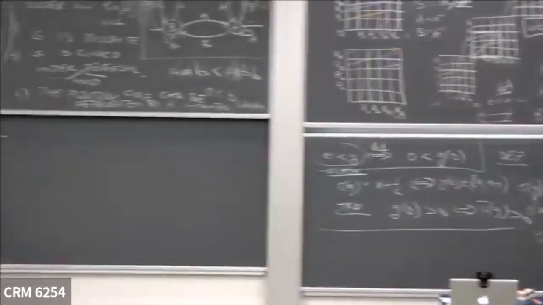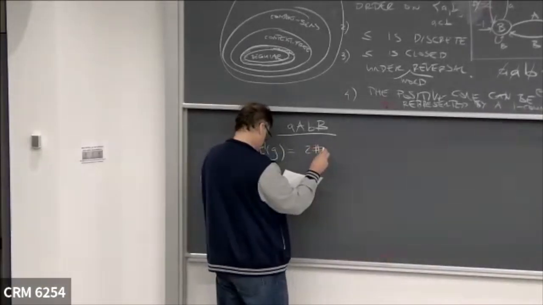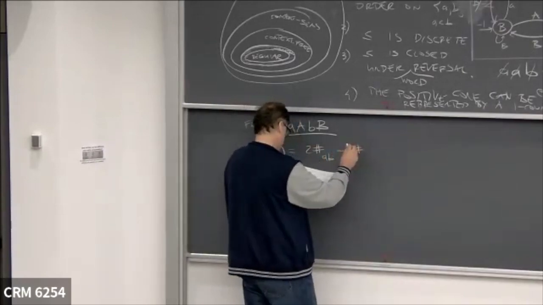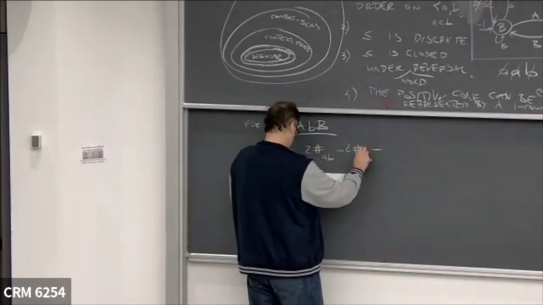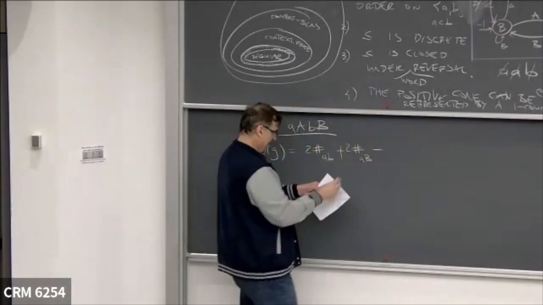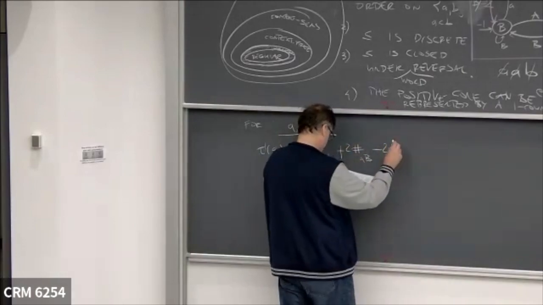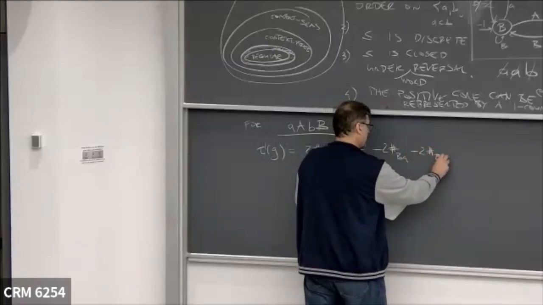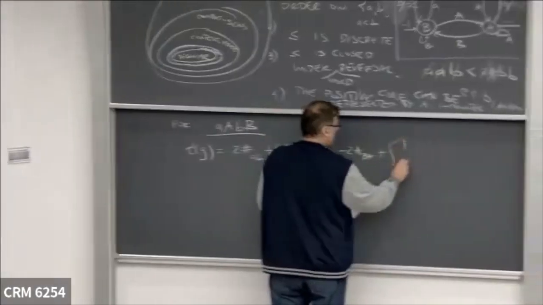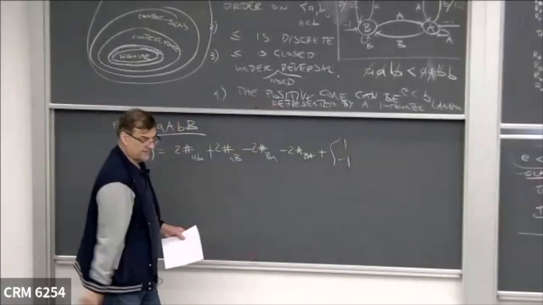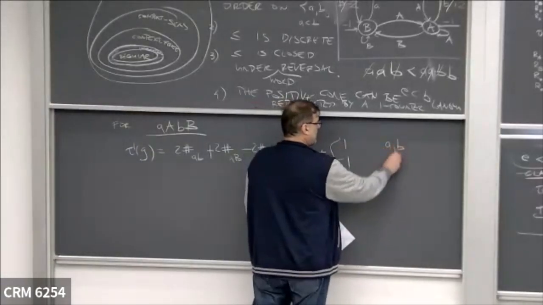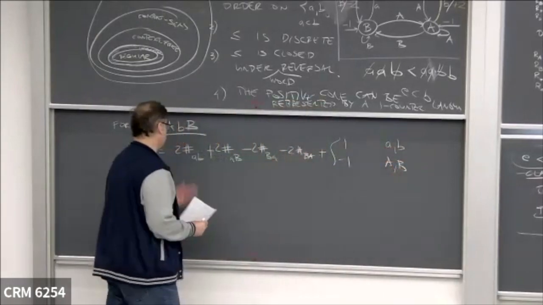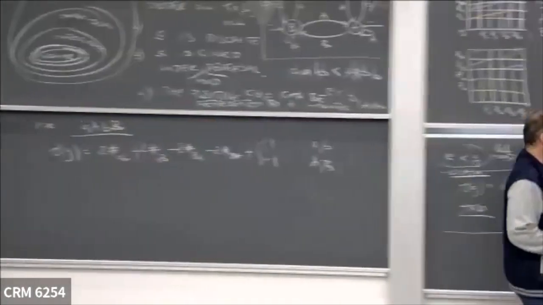So the values are integers. Twice the number of appearances of little ab, minus twice the number of appearances of little a capital B, no, plus. And then minus twice the number of appearances of capital B little a, minus twice the number of appearances of capital B capital A, and plus 1 or minus 1, depending on the last letter. So last letter AB, last letter AB. Okay, so that one will give you the order that corresponds to this action.